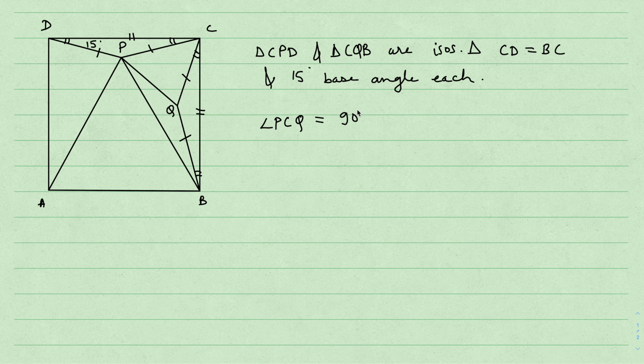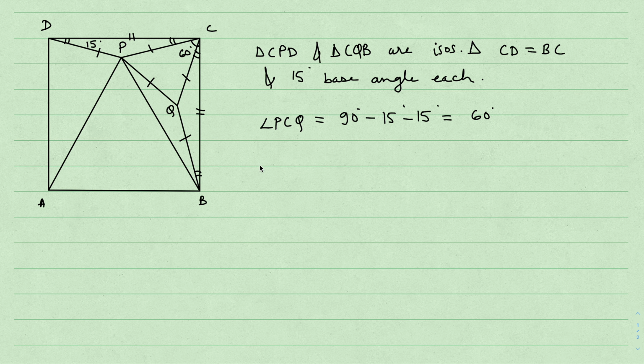This is 90 minus 15 degrees from CPD and minus 15 degrees from QCB, which is equal to 60 degrees. No, this is an isosceles triangle with 60 degrees. Therefore, both of these angles must be equal and should be equal to 60 degrees each.